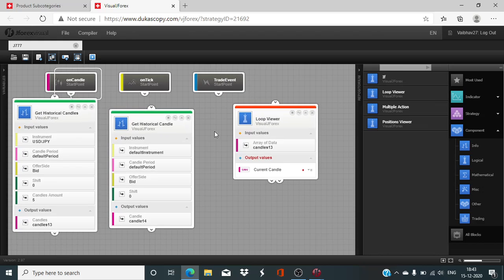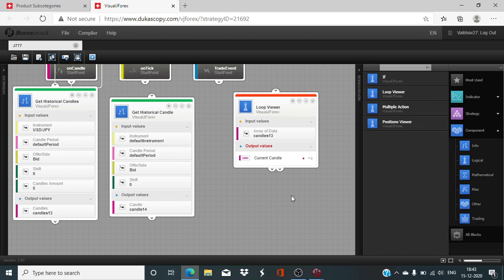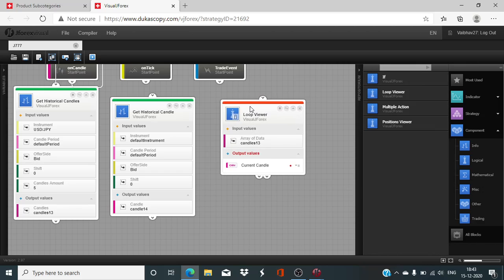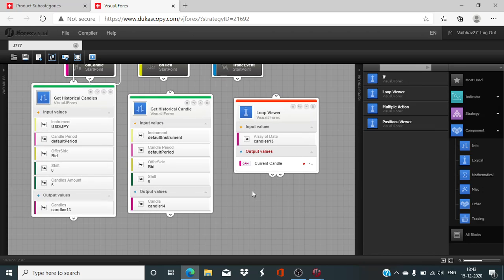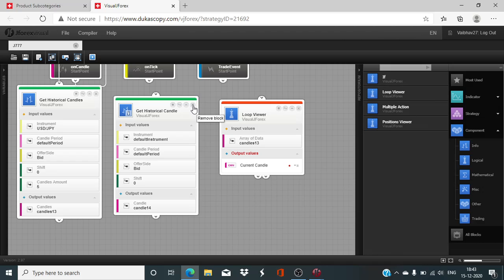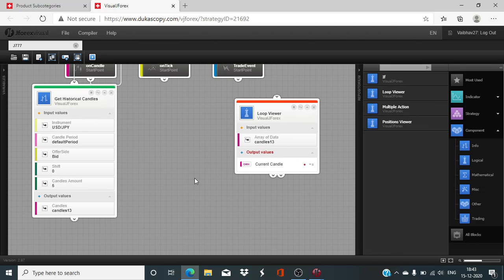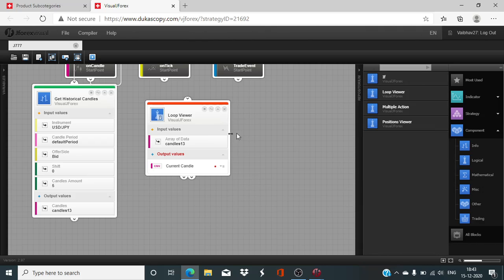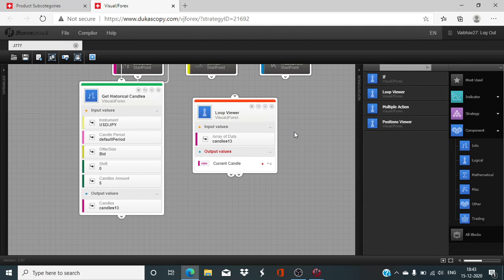It is actually an array, and depending on the defined input parameters, we will have the array of data, and using that array we can use any particular output value, any particular data point for any given period of time. It is going to be dynamic, and we will always have different data points as output at different points in time, and that's why we have to use this loop viewer to gather the multiple data points together.